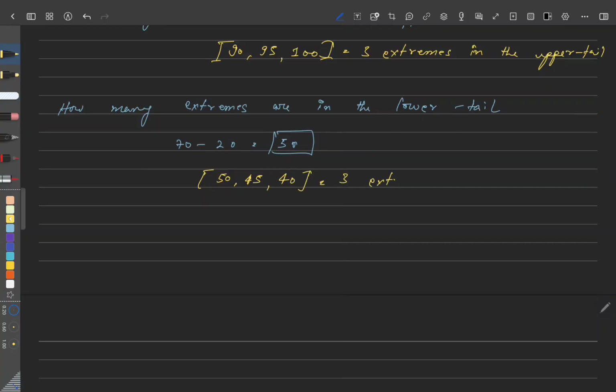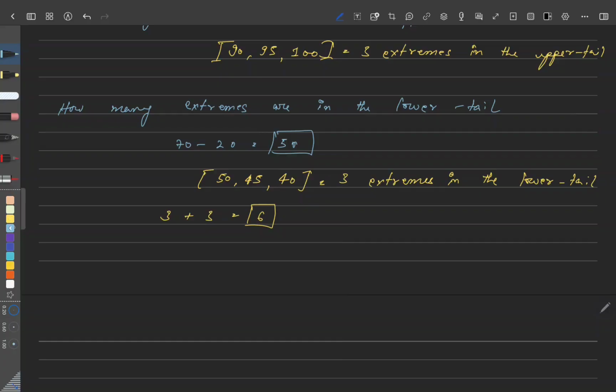Again, three extremes in the lower tail. So how many total extremes do we have? Total extremes is 3 on the upper, 3 on the lower, equal to 6 total extremes.